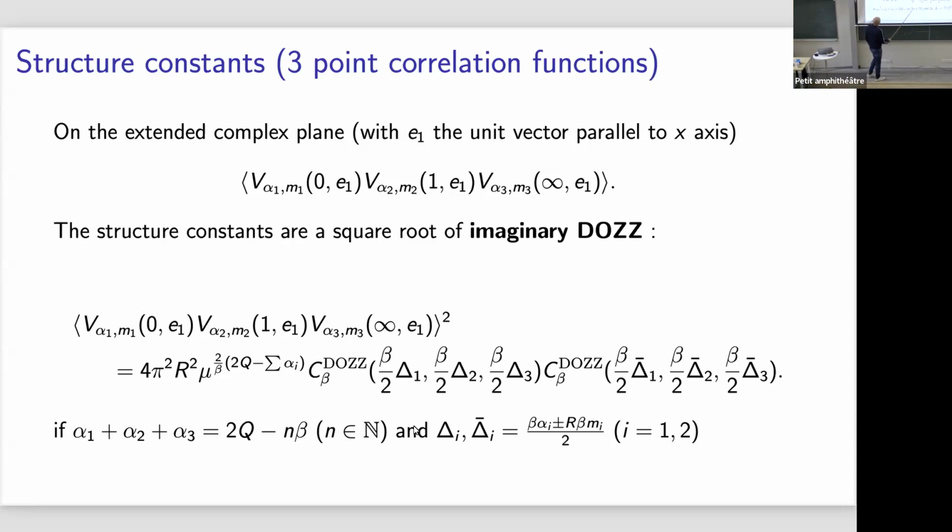And then you end up with a formula that is the square root of the imaginary DOZZ, the square root with a twist. Here you have the conformal weights of the three operators and their conjugates. So in some way it's a square root of DOZZ. That's a fancy structure that was already observed in physics in some cases.